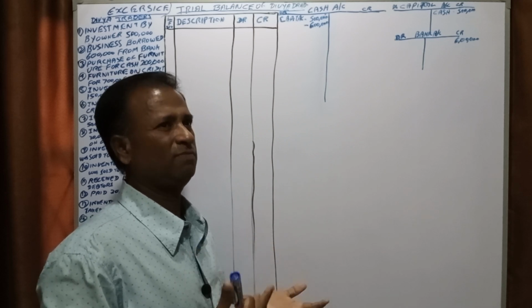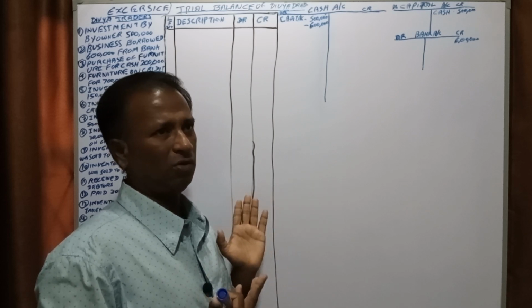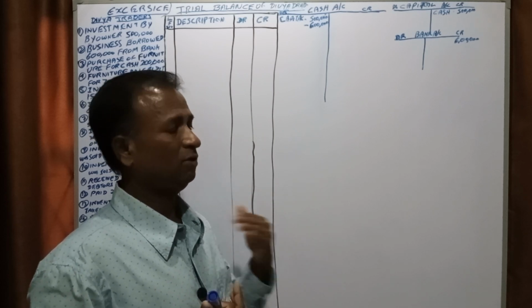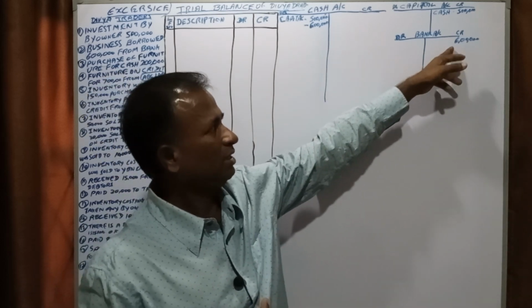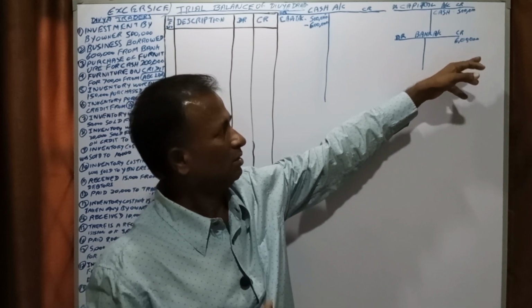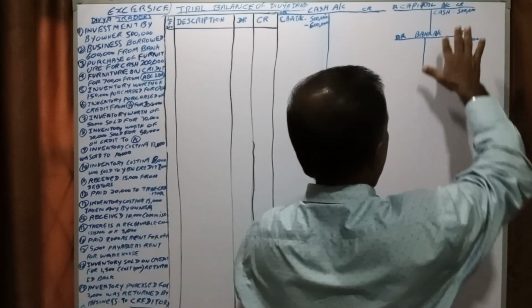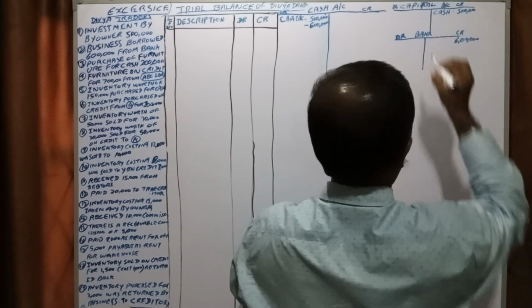We have to pay him one day. They have not mentioned when we have to pay, but in future we have to repay it. So we show that as a liability, and the bank account is credited. It is better to say bank loan account.